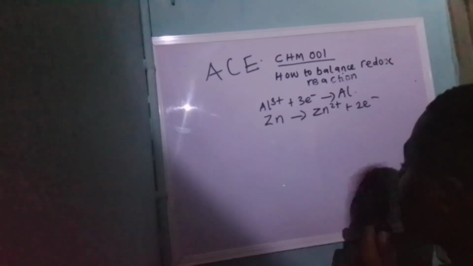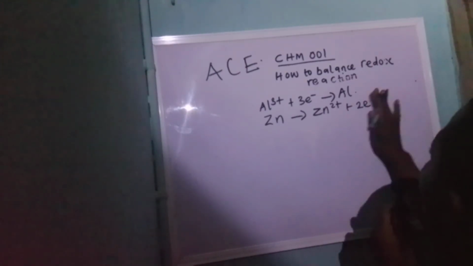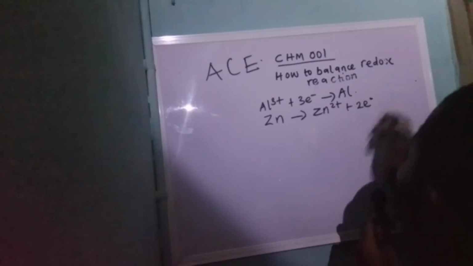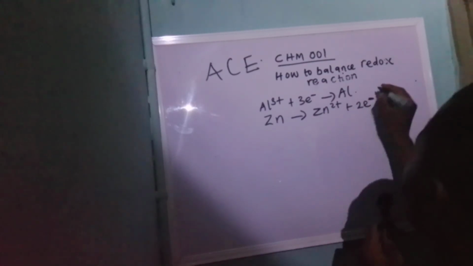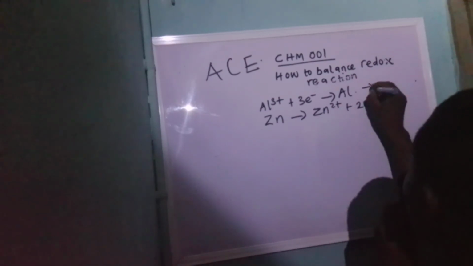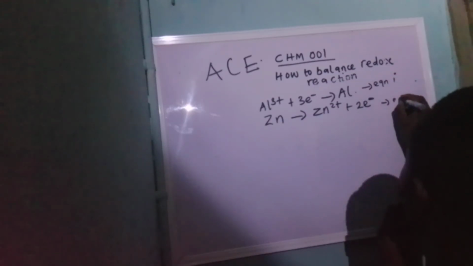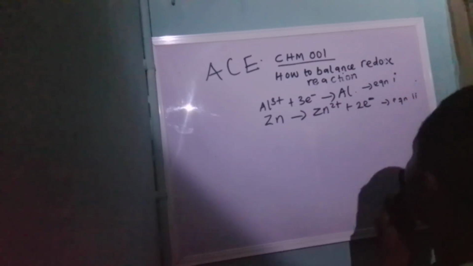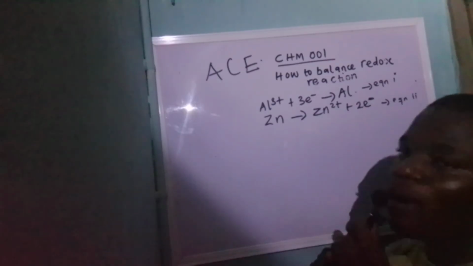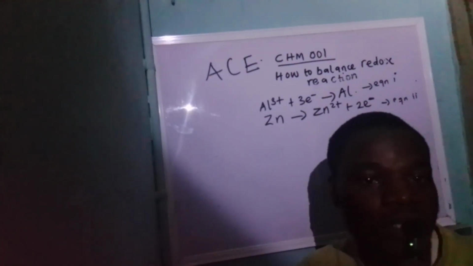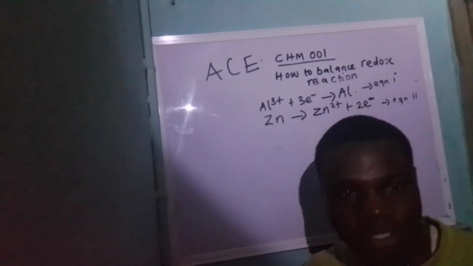How can I balance the number of their electrons? You can call this one equation 1, and you can call this one equation 2.